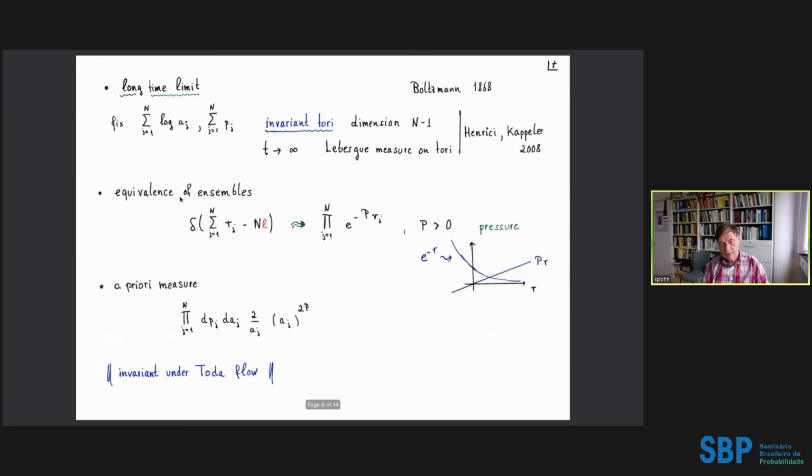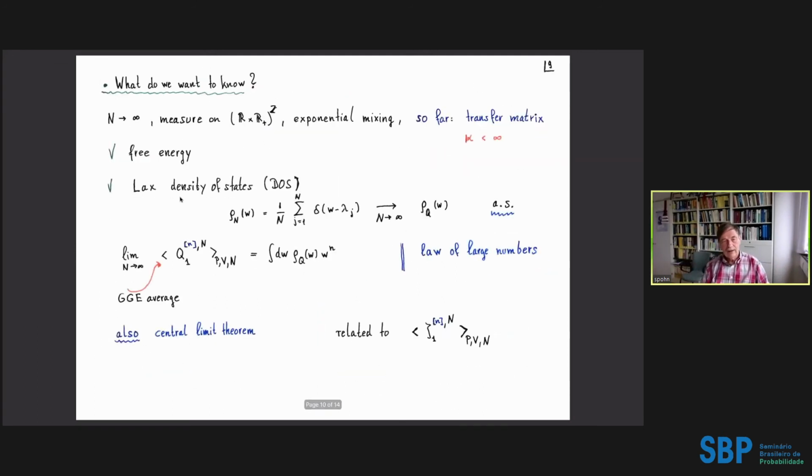Now, I'm looking at this block. I have this 300 by 300 matrix, which is still wobbling. But now I look at the eigenvalues of this matrix, and the assertion is that I will get a rather smooth function. When I look at the neighboring block, I will see a similar smooth function, which of course is not exactly the same. And if I go a little bit further, I will see also a rather smooth function.